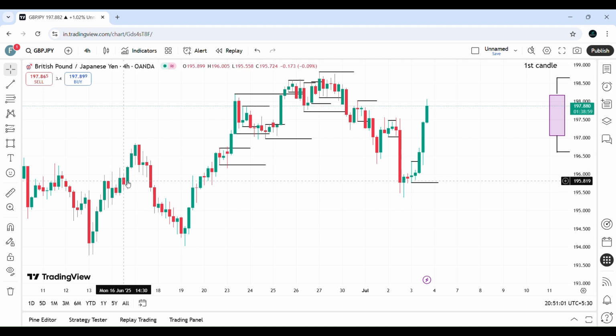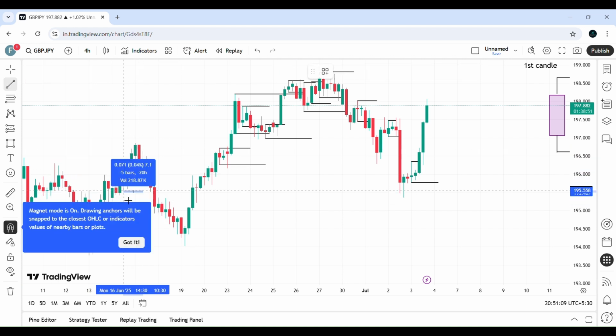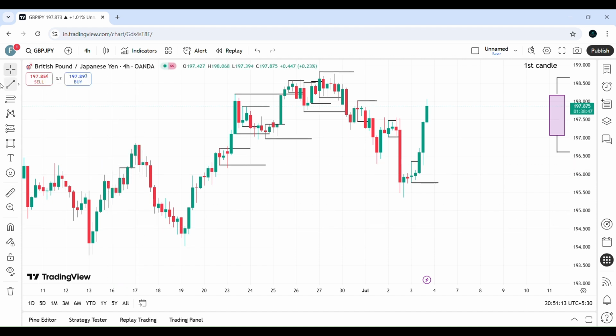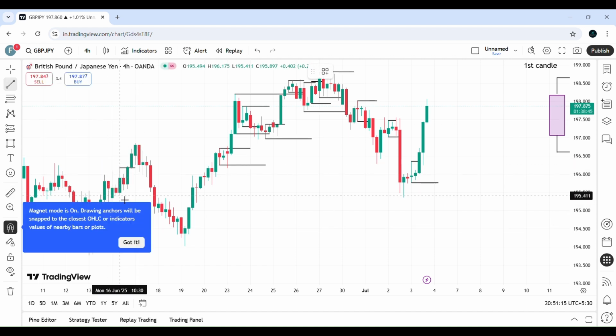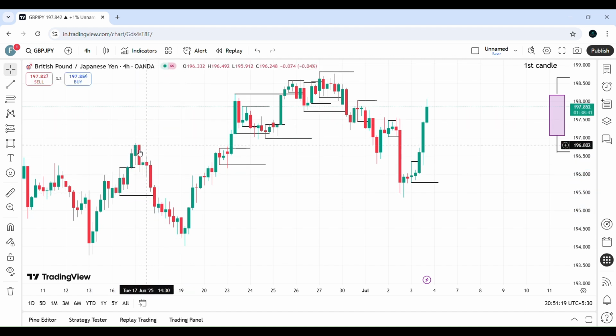The second candle is inside the first candle. So you set your buy and you set your sell, and you win both trades. That's a win, and that's a win again.